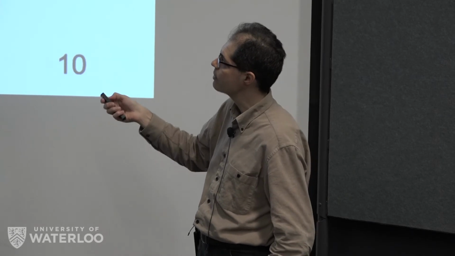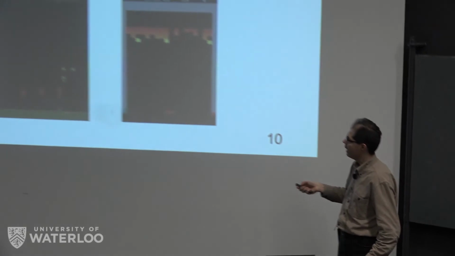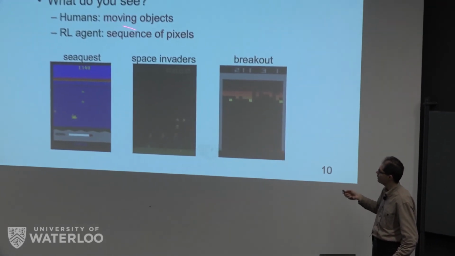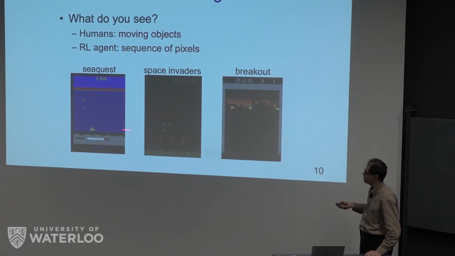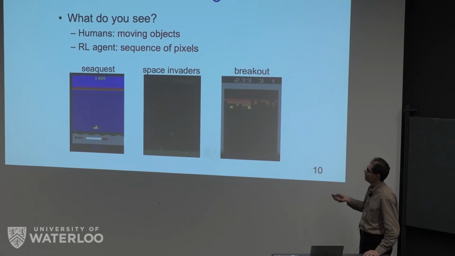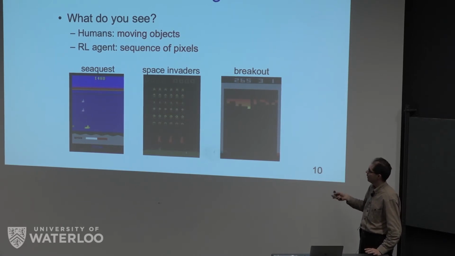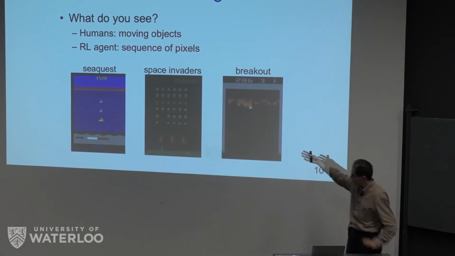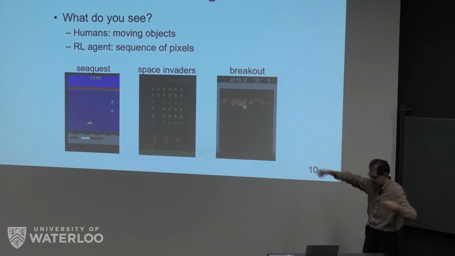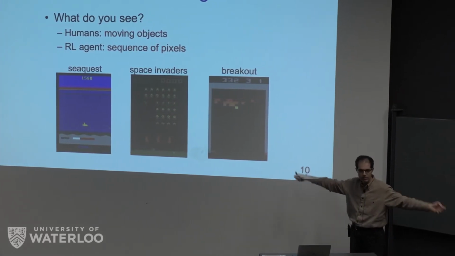Because as humans, we end up recognizing objects easily, and we can also tell that often the moving objects are the important ones in games. So we start planning immediately based on this, whereas for reinforcement learning, the agent receives a frame, but it's really a sequence of pixels, so a sequence of numbers.